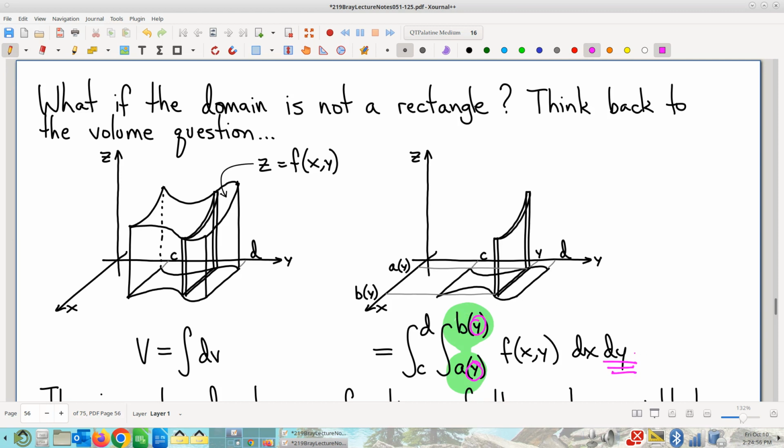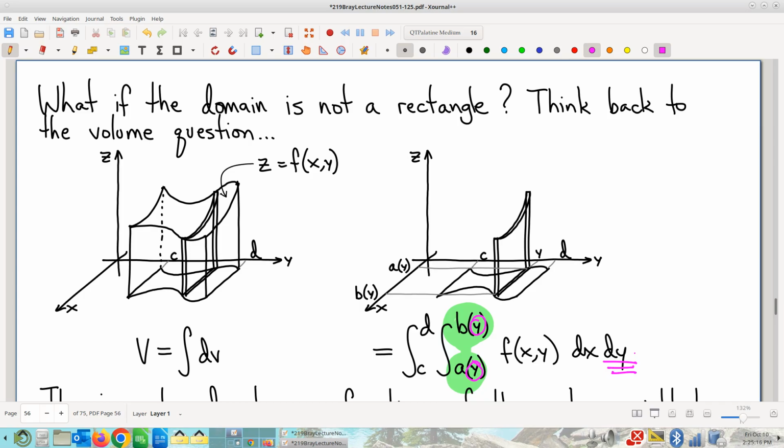That's it. Everything else is the same. And we also noticed we don't even need the three-dimensional picture. If that's the only thing we have to keep track of, I just have to figure out what these inner bounds are as functions. The integrand's the integrand. There's nothing to talk about with the integrand.